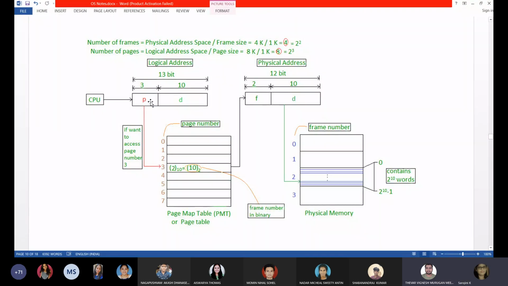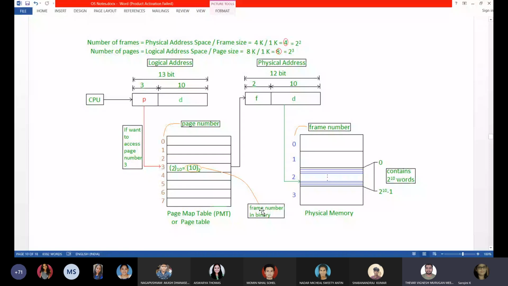Okay. Now this is the logical address and this is the physical address. The logical address will be taken and referred inside the page table. Assume that for page number 3, frame number 2 is there. So what is taken from here is called the frame number.